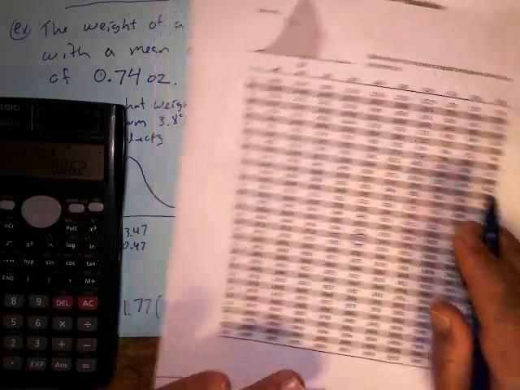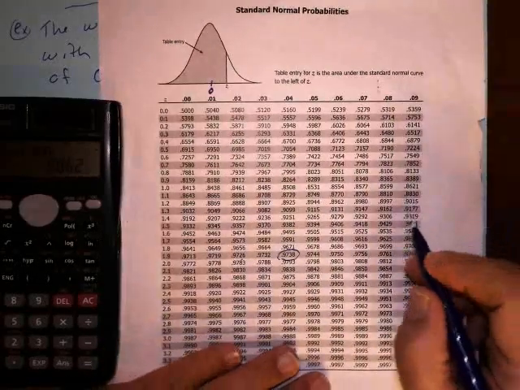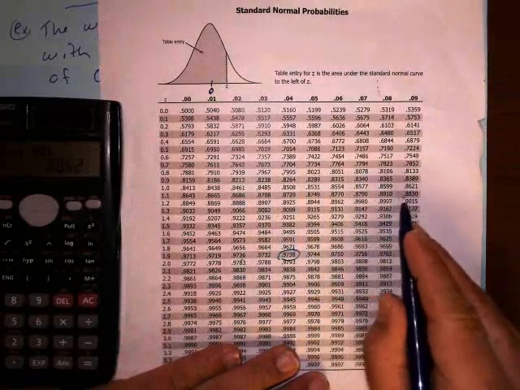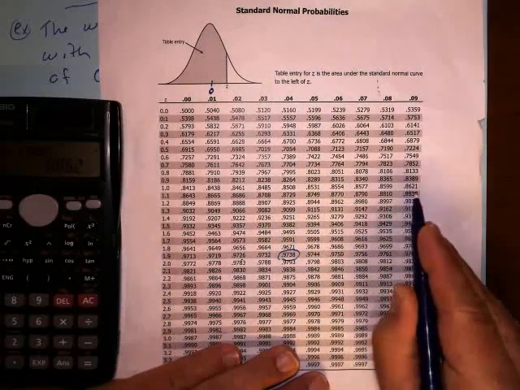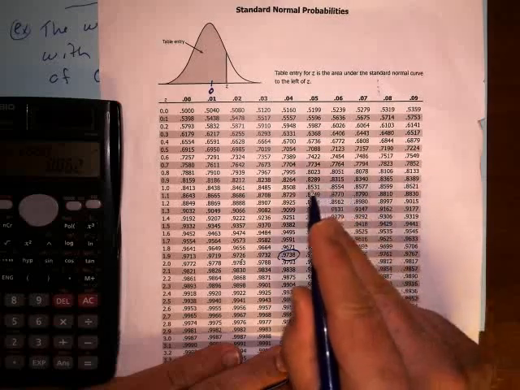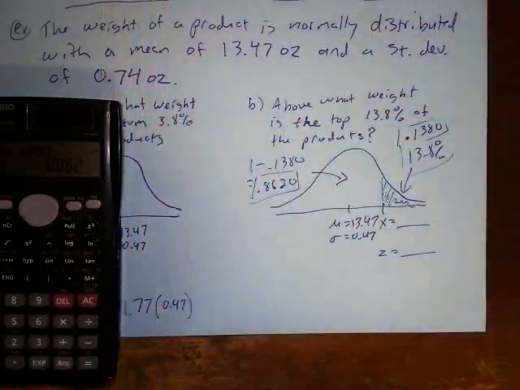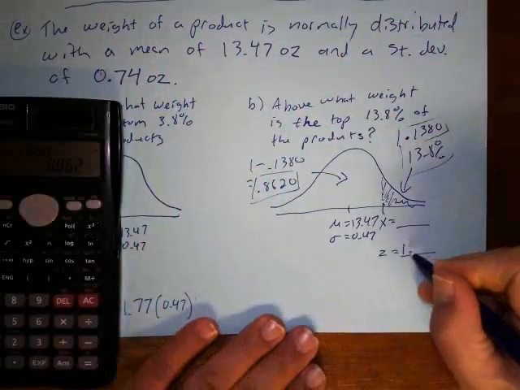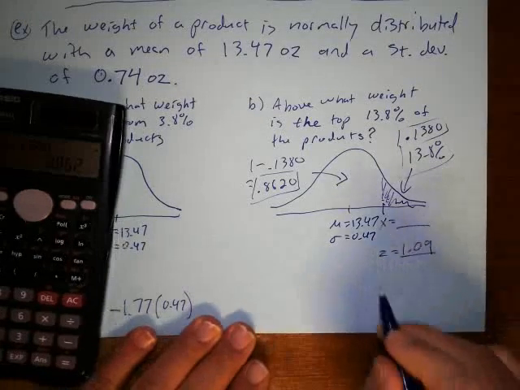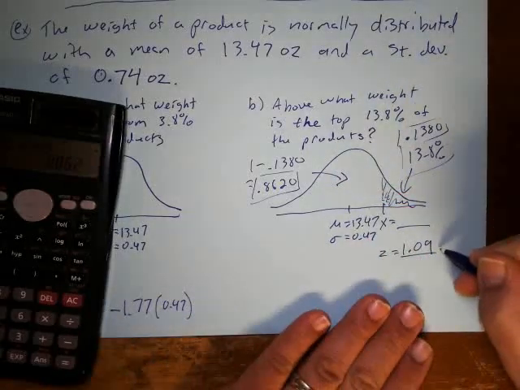So 0.8620. 0.8621 comes closest, and it is 1.09. So that's the z-score, and that's no different from what we did before.